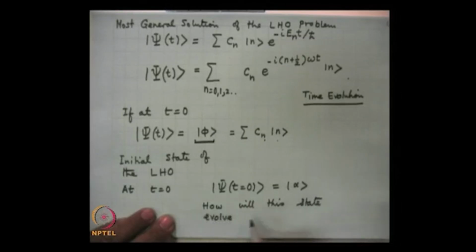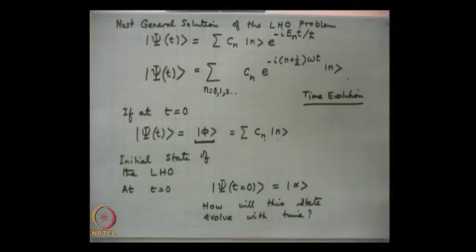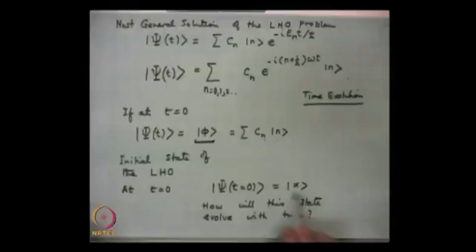That is my question, and it will be answered in a moment. So, initially the linear harmonic oscillator is in the coherent state described by the ket alpha, and I want to now ask how it will evolve with time.